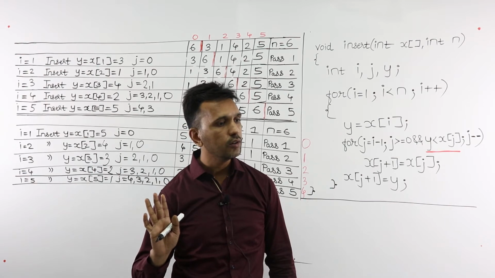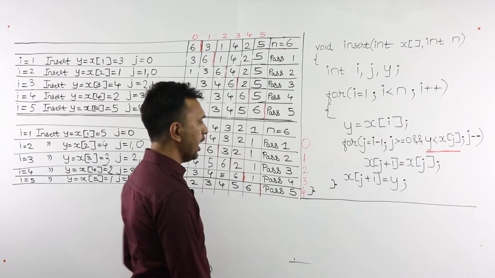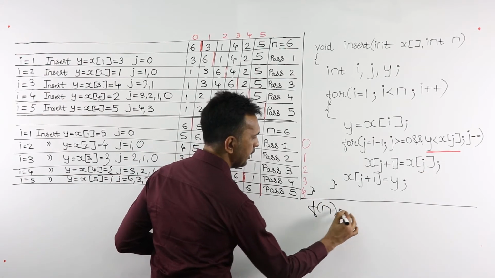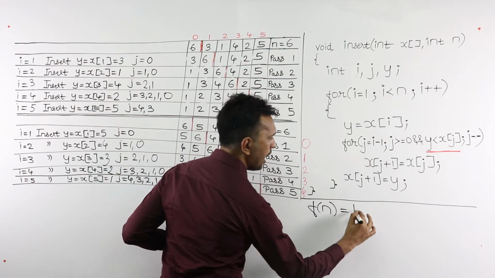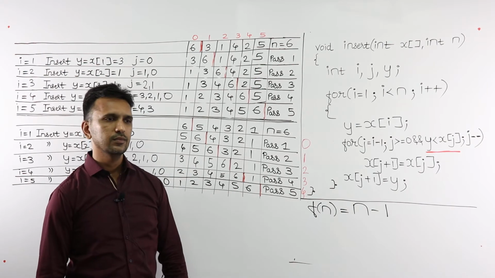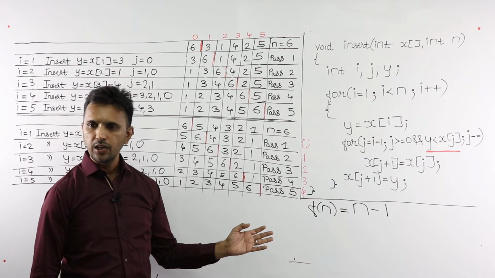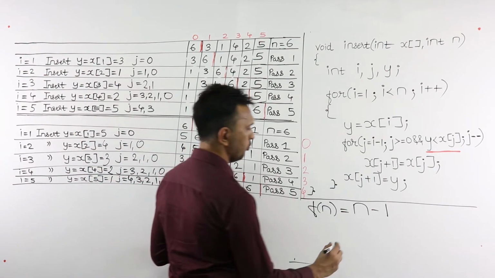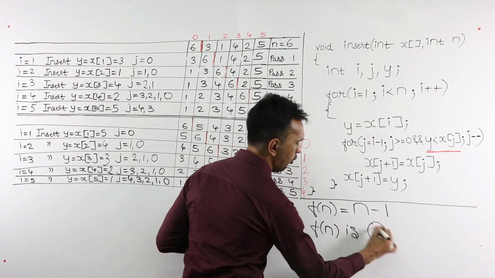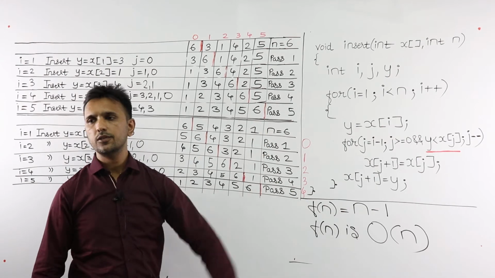Now what is 5 in terms of n? So I will write in best case f of n is equal to n minus 1. Any doubts? If f of n is n minus 1, then f of n is big O of n. That's it. It's done for best case.